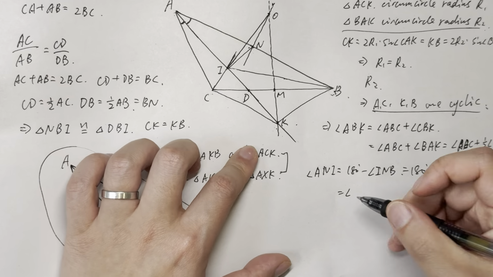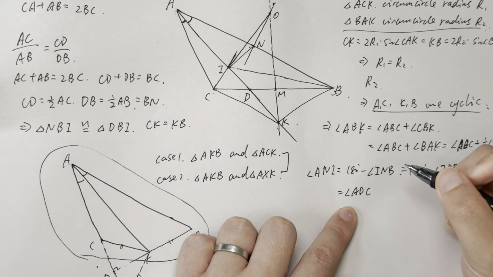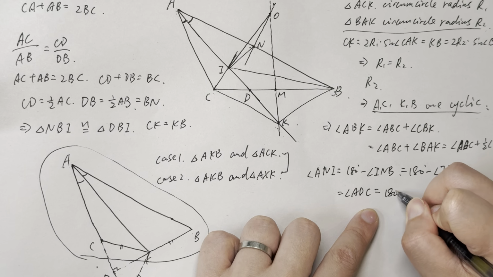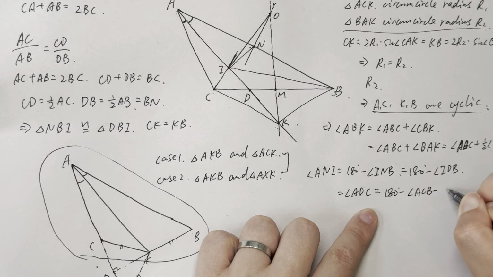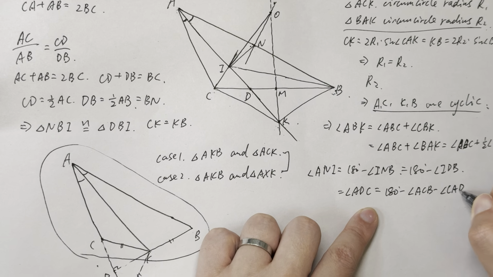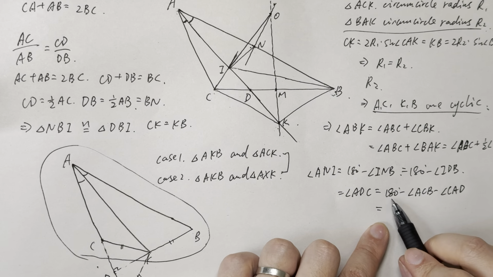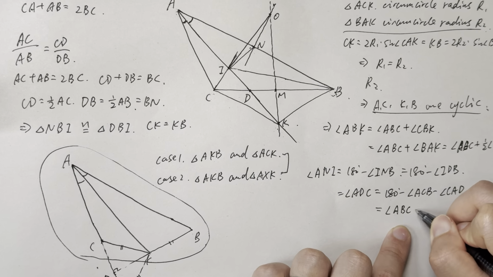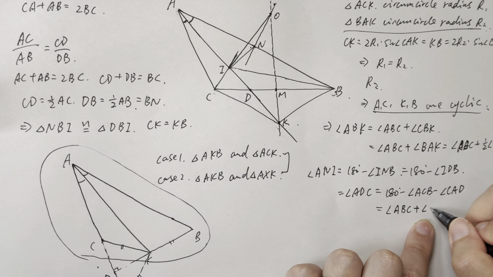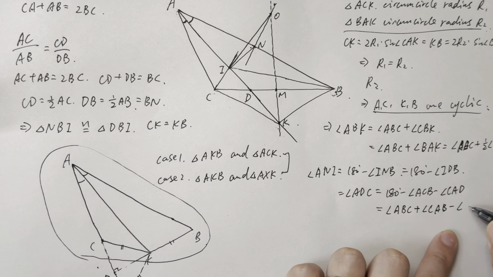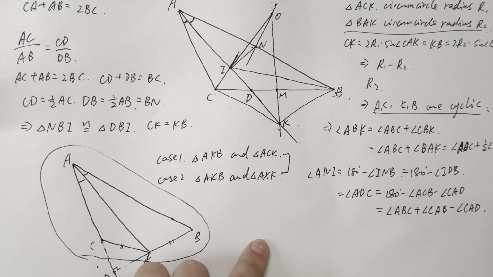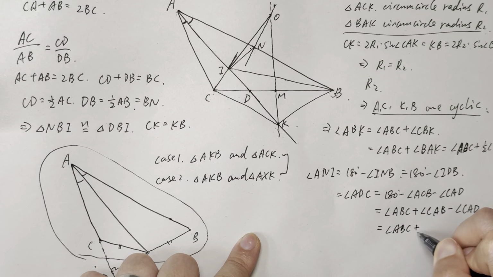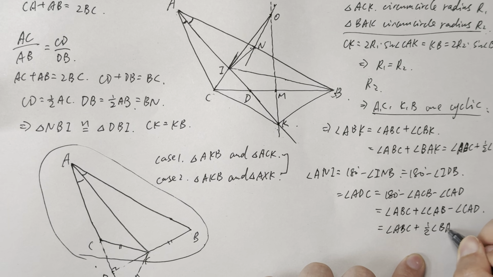So angle ANI equals angle ADC. And what is angle ADC? It equals 180 degrees minus angle ACB minus angle CAD, right? Angle CAD is half of angle CAB. So it equals angle ABC plus half of angle BAC.